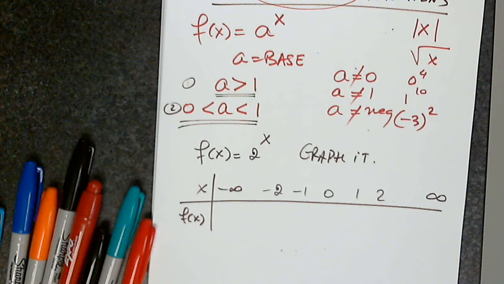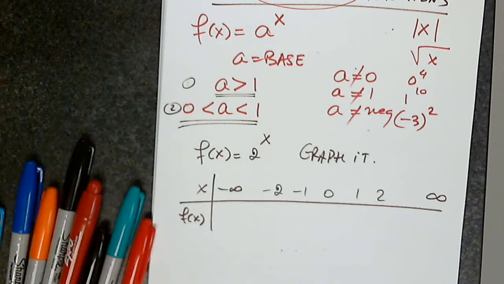Let's go to second and table, and let's plug in the numbers we are interested in. Negative 2, negative 1, 0, 1 and 2. Let's say 3 also, since I had another one in there.